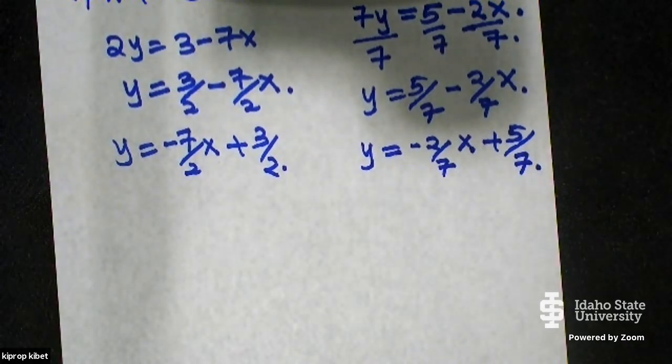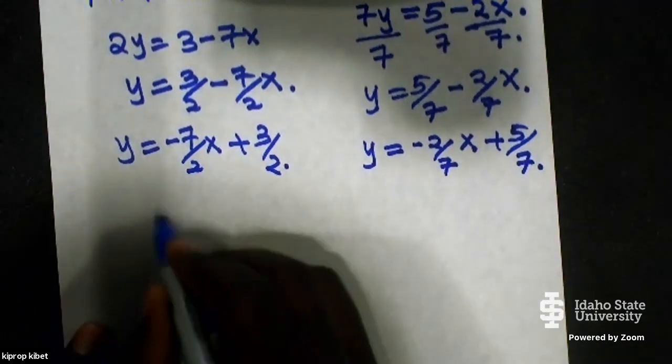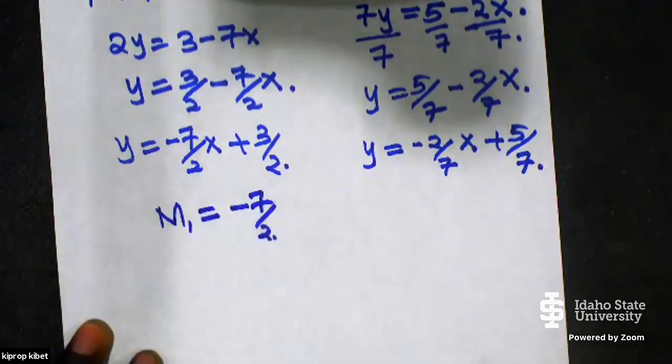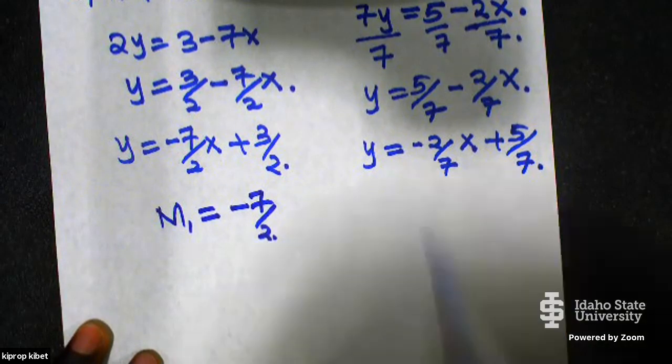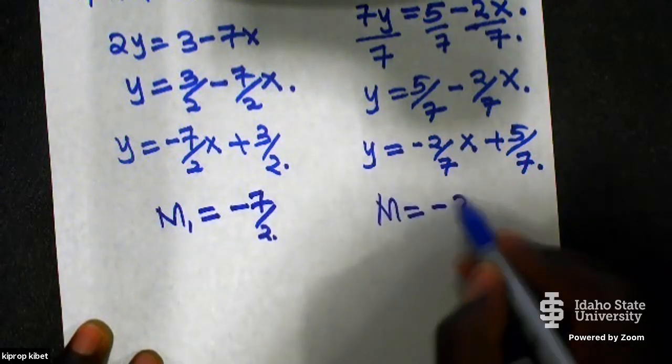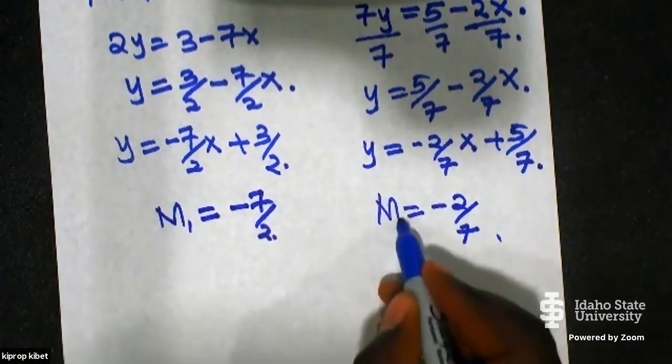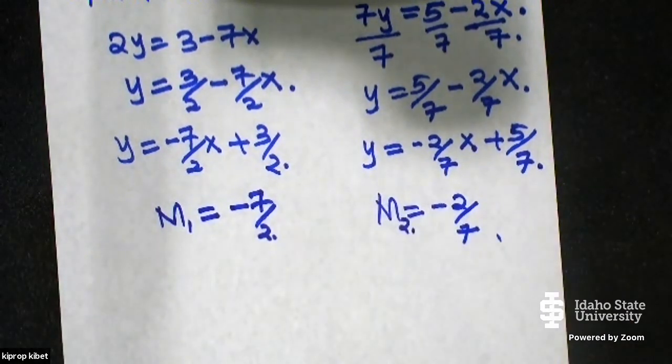So m1 is minus 7 over 2, right? And then m2 equals minus 2 over 7. So is this giving us a perpendicular line?